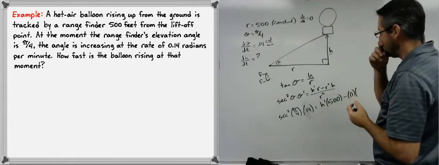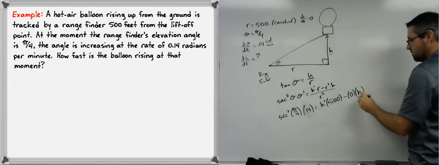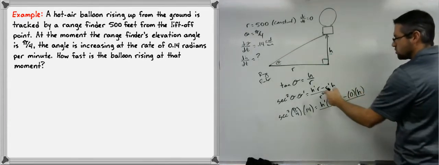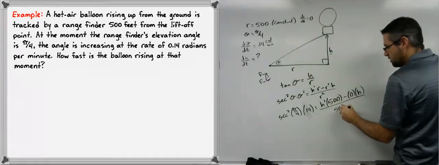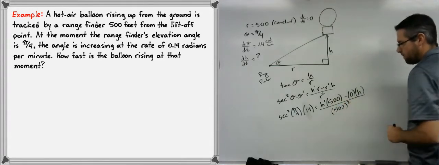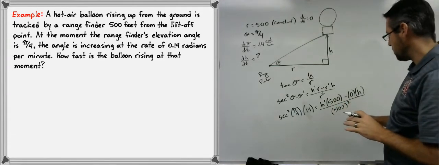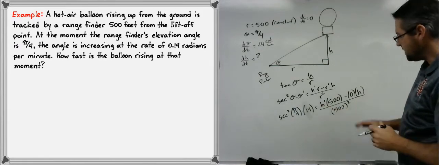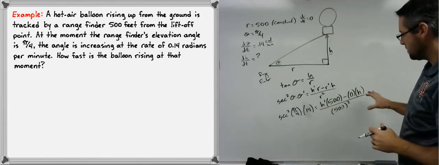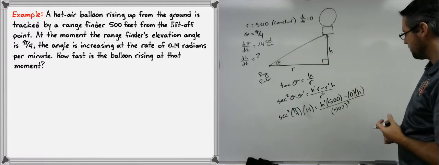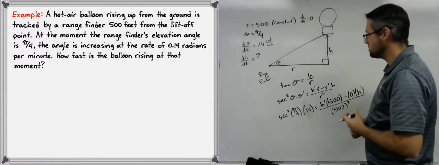Well, I don't know what h is, so I'm going to go ahead and write that down here. Over r squared. R is 500 again. So 500 squared. And so again, remember, we are looking for h prime. And as much as we can simplify this, we still have h left over. So we're going to have to figure out something else for h.